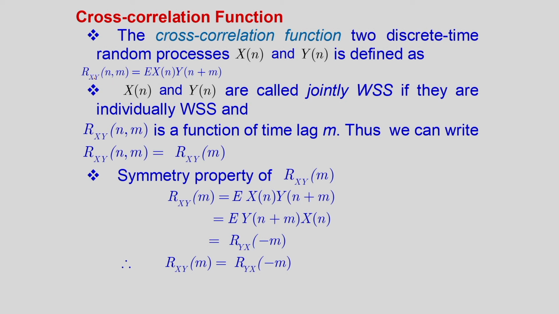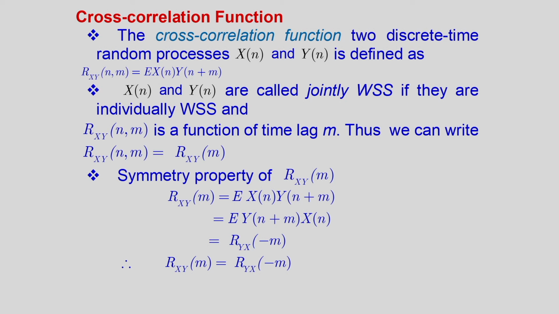By definition, Rxy of n, m, that is, the cross correlation with arguments n and m, is the expectation E of xn into y of n plus m. So, that way we can define the cross correlation function.